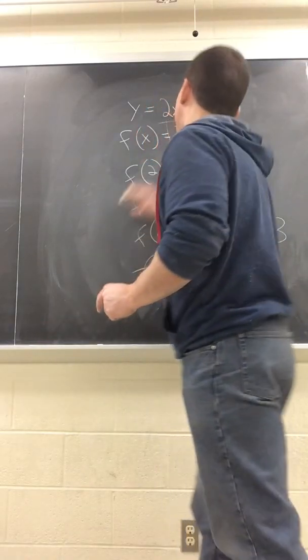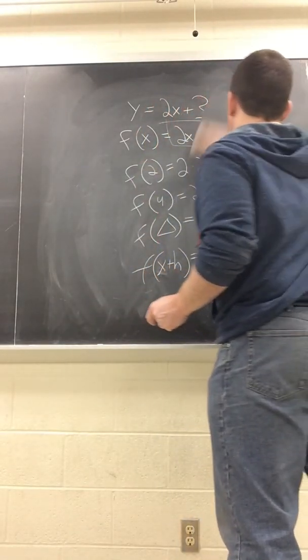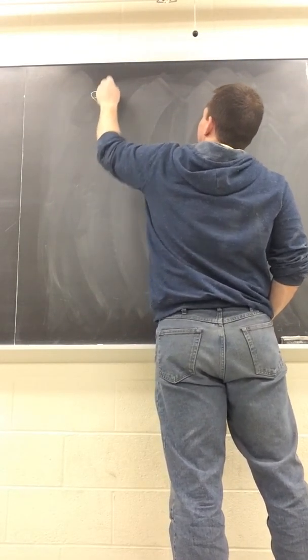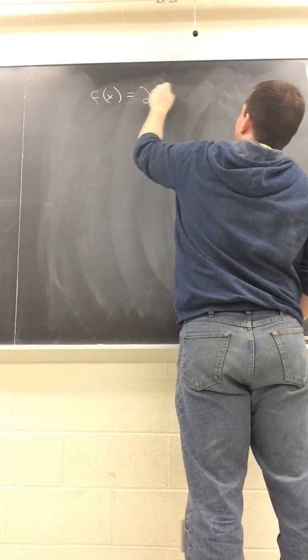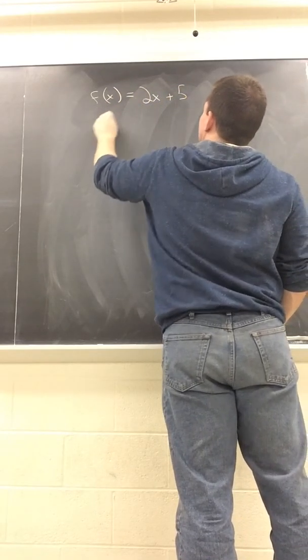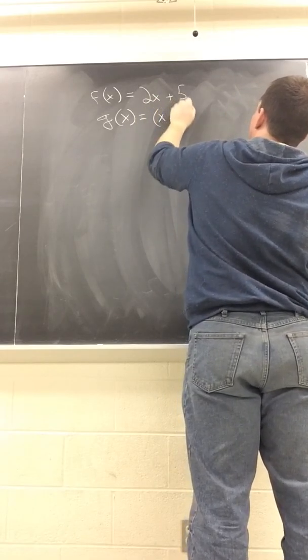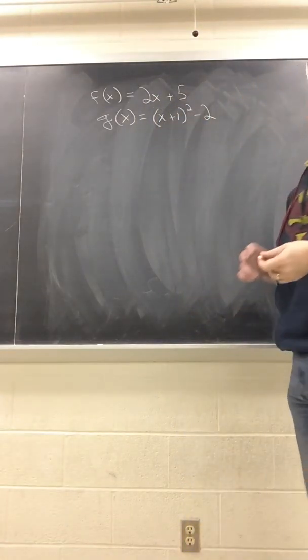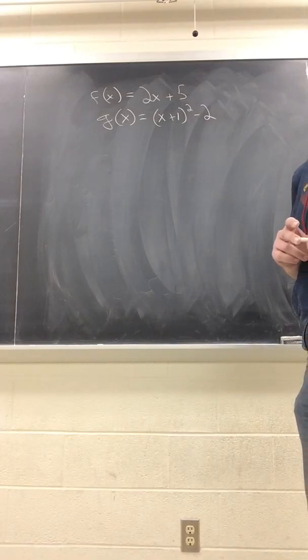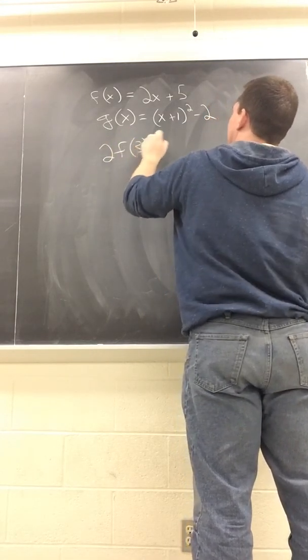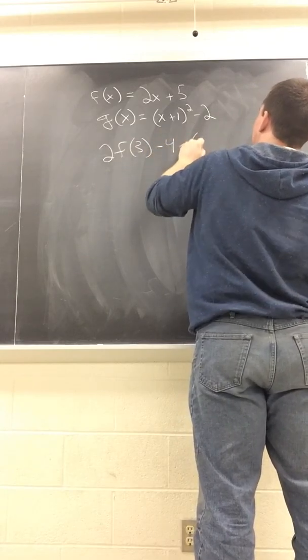So, one more example, just to make sure we're fully clear on this. Suppose I have f of x equals 2x plus 5, and another function g of x is equal to x plus 1 squared minus 2. I want to find 2f of 3 minus 4g of 1.